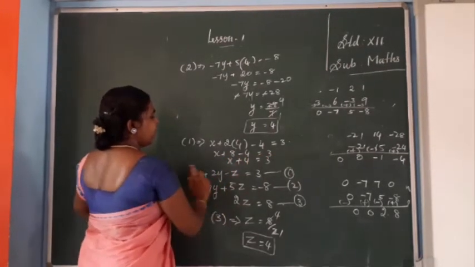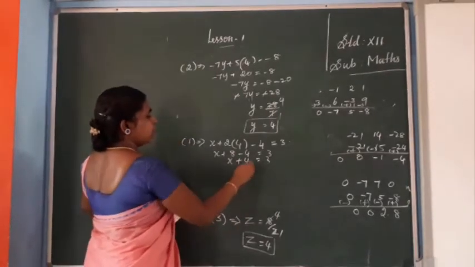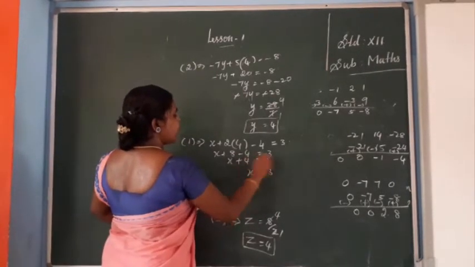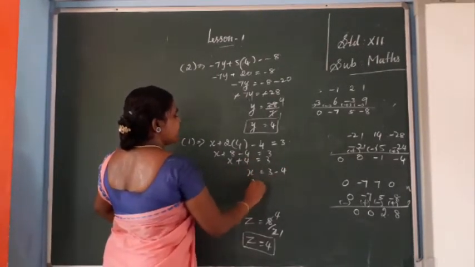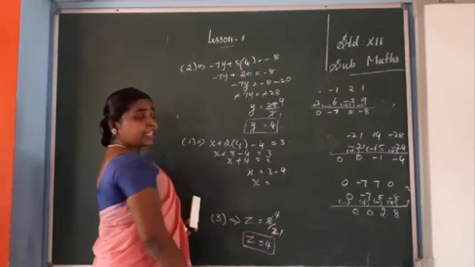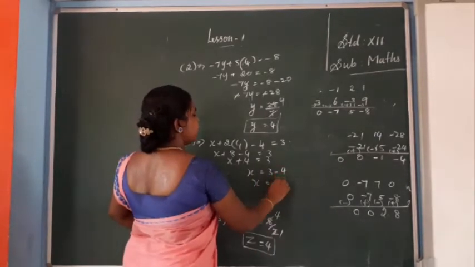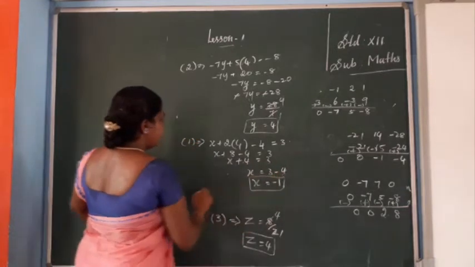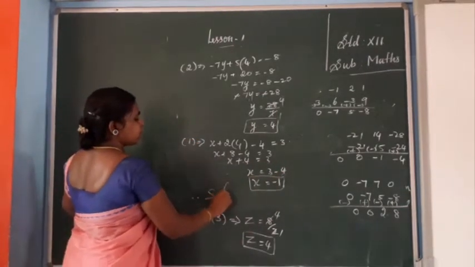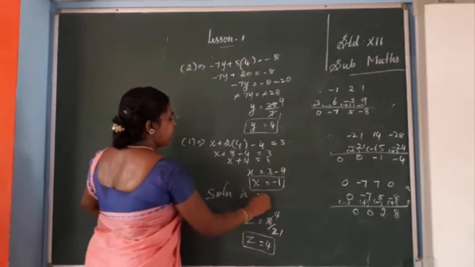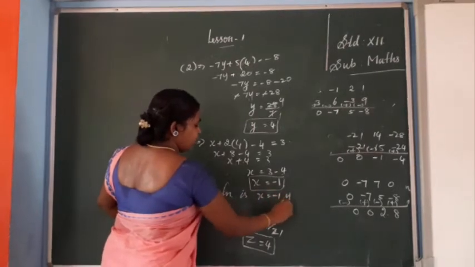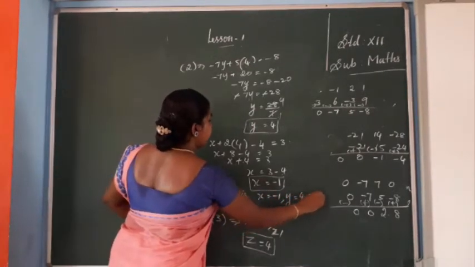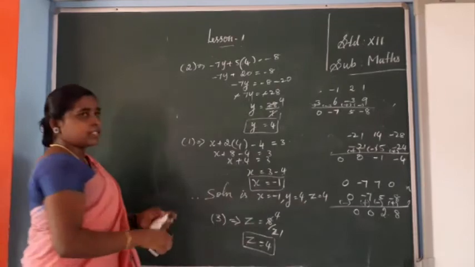Next x equal to 3, 4 you take right hand side, minus 4. So x equal to 3 minus 4, which is minus 1. Therefore the solution is x equal to minus 1, y equal to 4, z equal to 4. Okay, this is the answer.